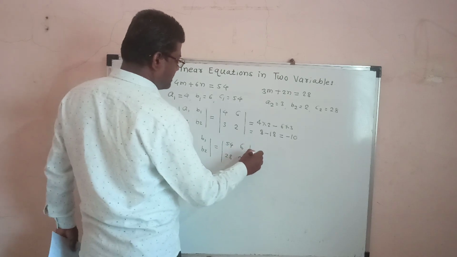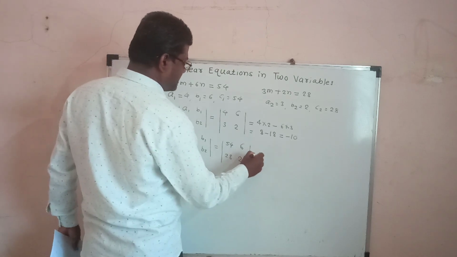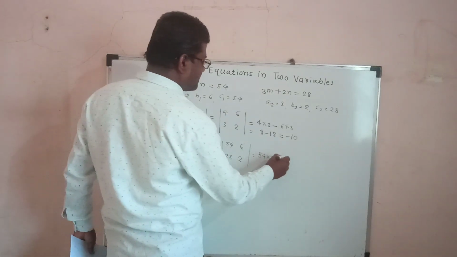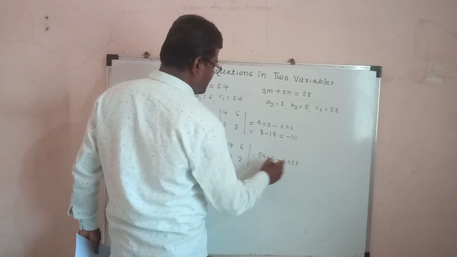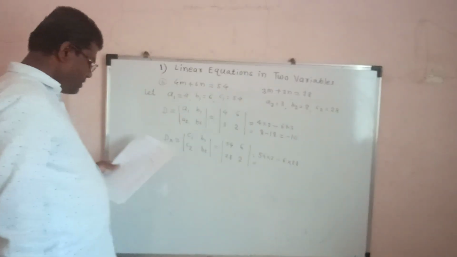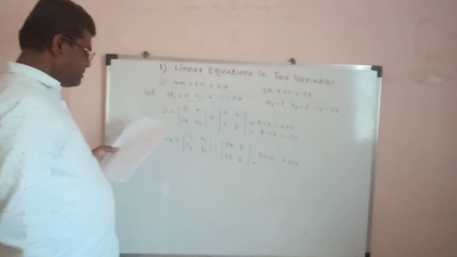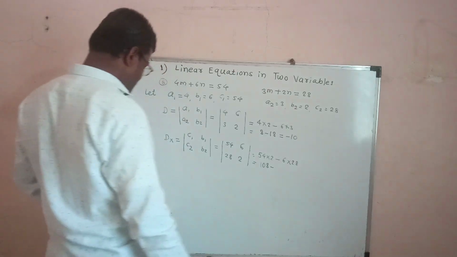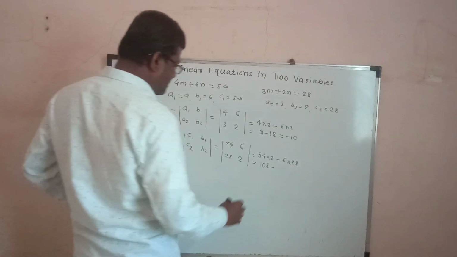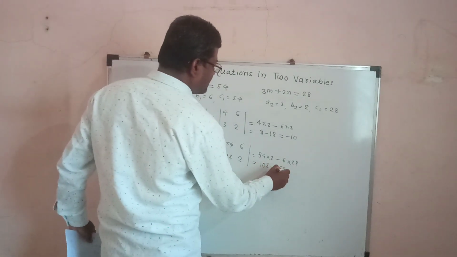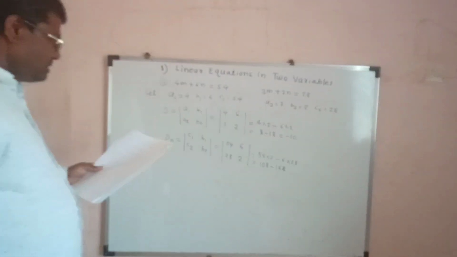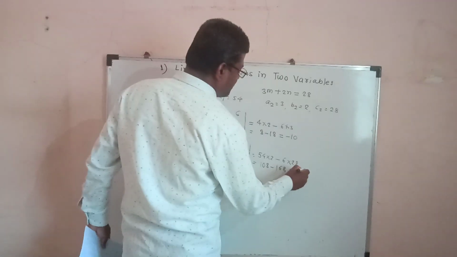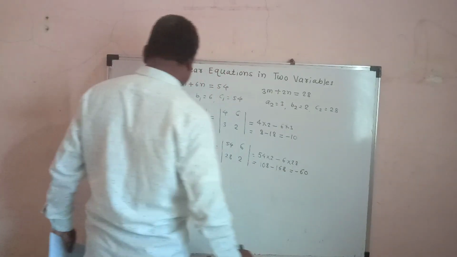Cross multiplication: 54 into 2 minus 6 into 28. 54 into 2 is 108, minus 6 into 28 is 168, and that value will be minus 60.